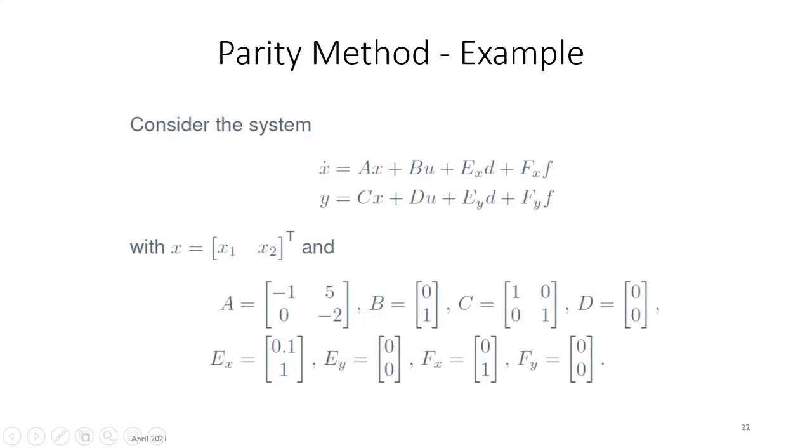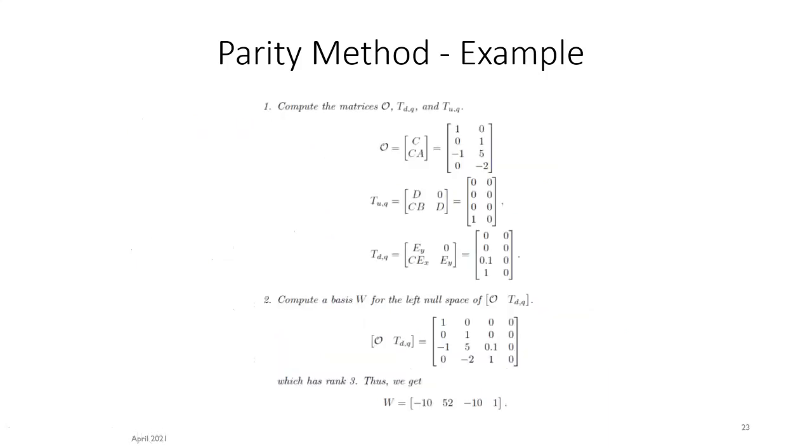One more time: you don't have the disturbance, but you know how it affects the system, so you have this coefficient. The nice thing is that you don't know the disturbance, and it doesn't matter how it changes, the algorithm still works.